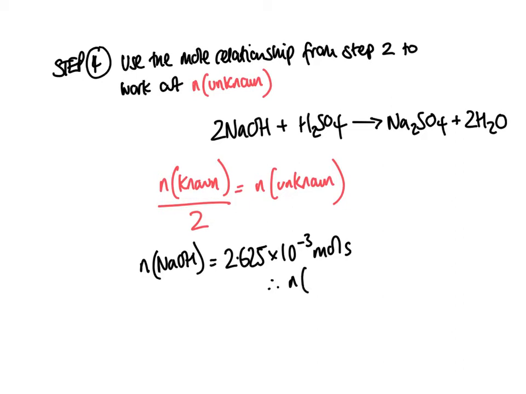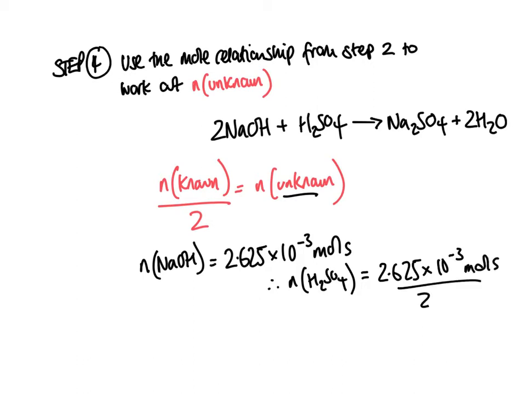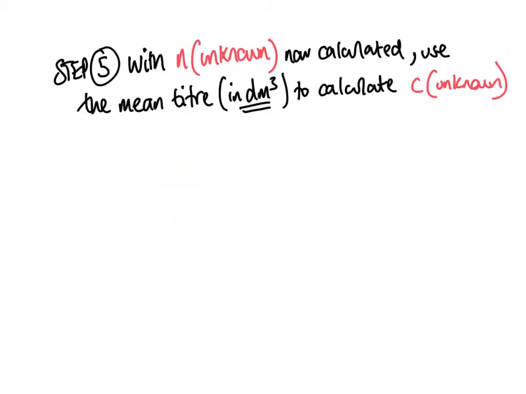Therefore, number of moles of the unknown, which is H2SO4, will be 2.625 times 10 to the minus 3 moles divided by 2, which equals 1.3125 times 10 to the minus 3 moles. And that is basically just plugging the numbers into this equation here.